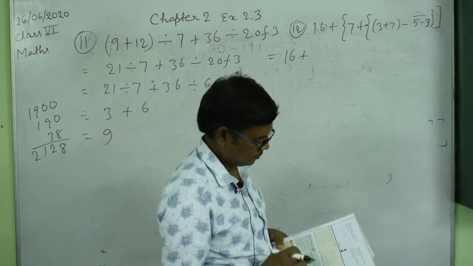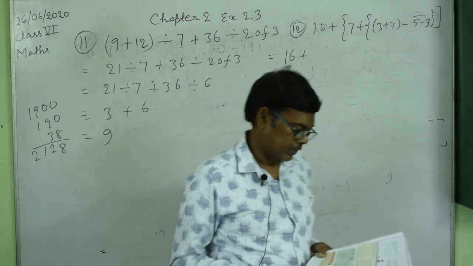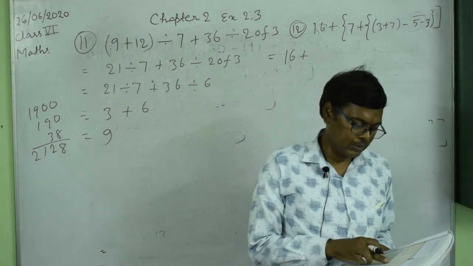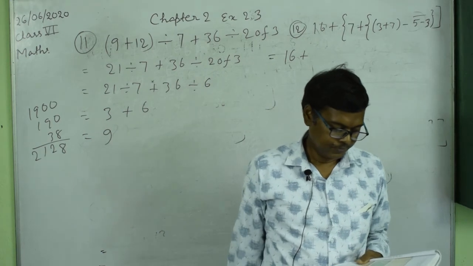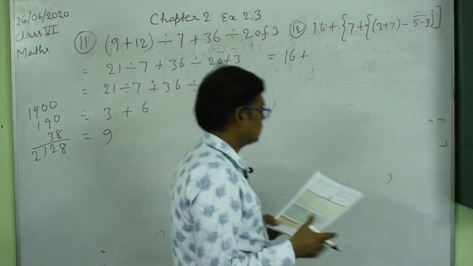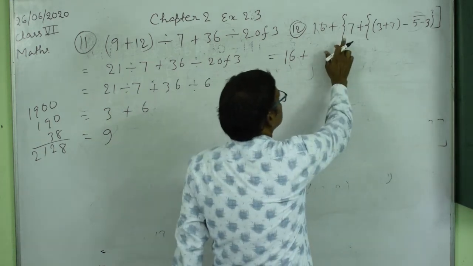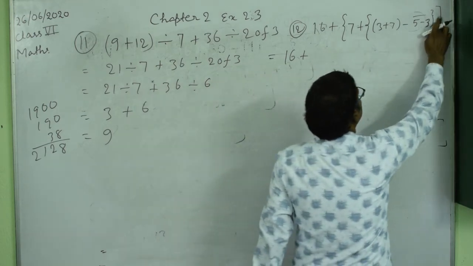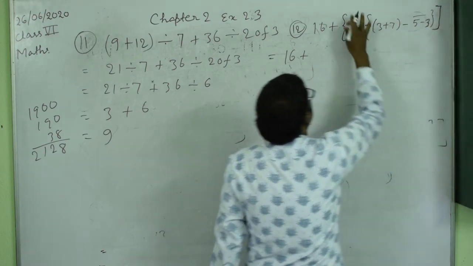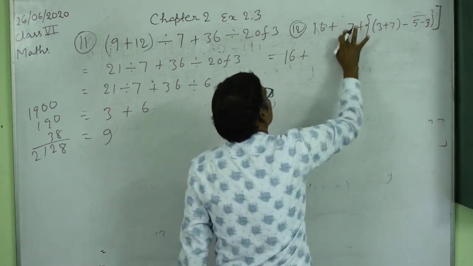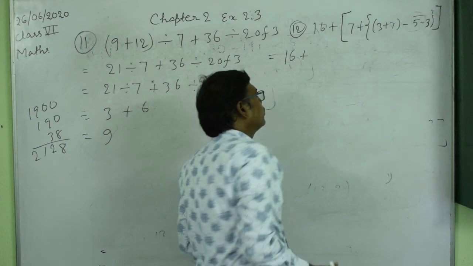Something is wrong in this question, okay, that 7 plus is there, then you have this bracket and then this bracket. So here, yes, something is wrong, that this is the curly bracket here, so here also you have the curly bracket, okay, or I think here it should be square bracket and here also it should be the square bracket, but in the book it is something wrong, okay.